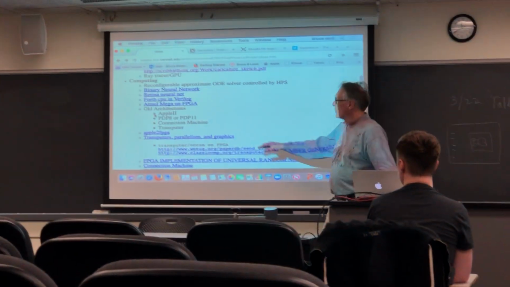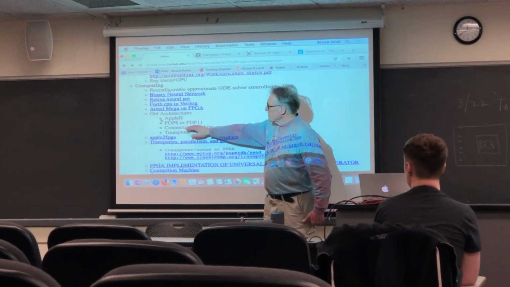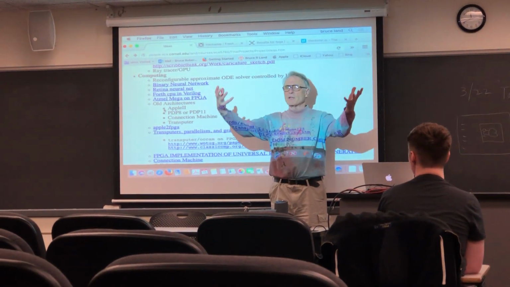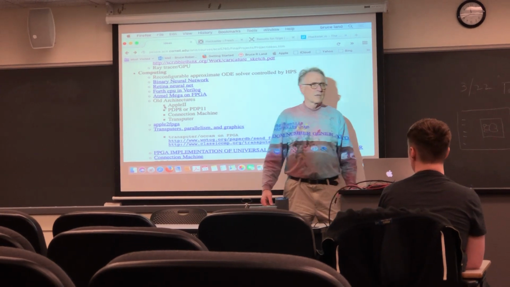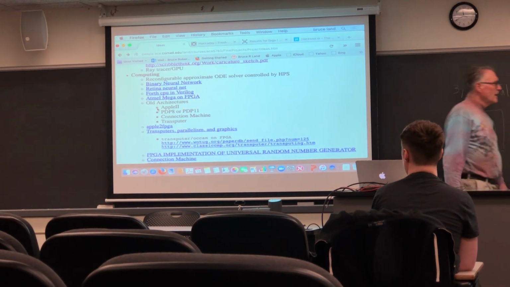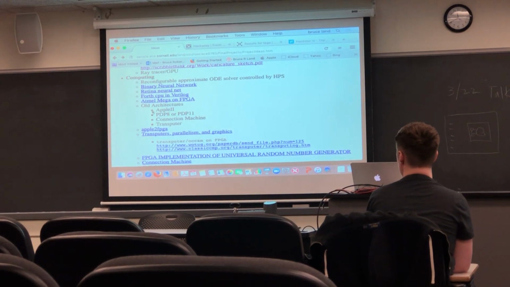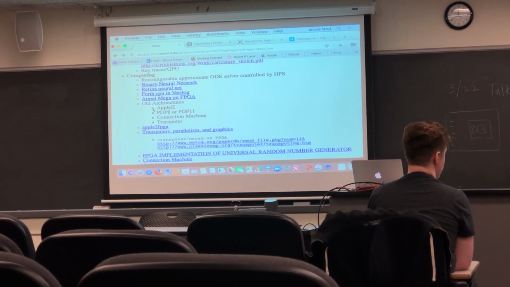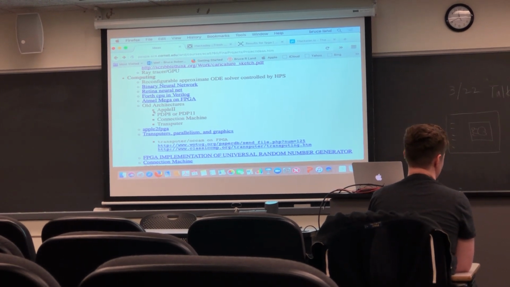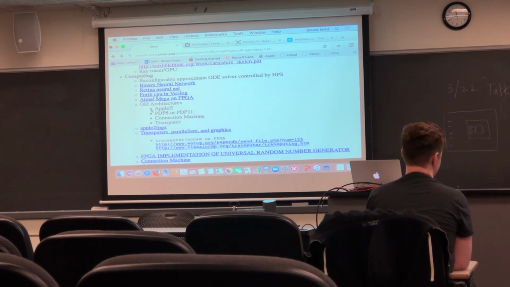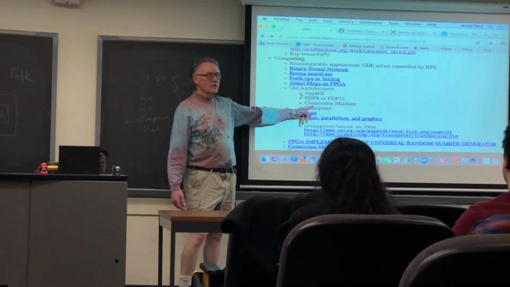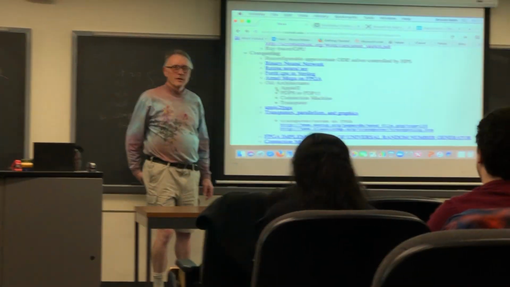There's a whole subculture in taking obsolete machines and resurrecting them on FPGAs. These are Connection Machine and transputers, which were dark ages parallel, highly parallel machines. Connection Machine was 64,000 processors, as big as this room in the 80s.